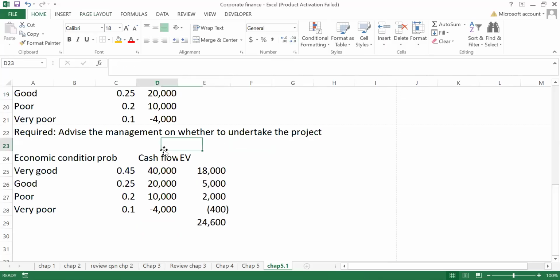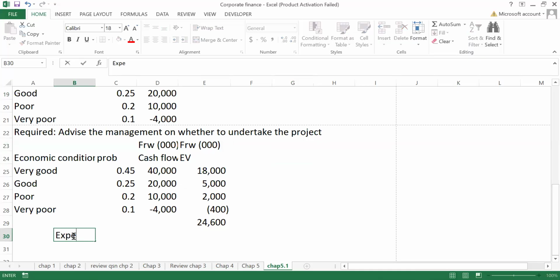Don't forget the figures. We have eliminated the 3 zeros. So this is the project, and the project requires an initial investment.